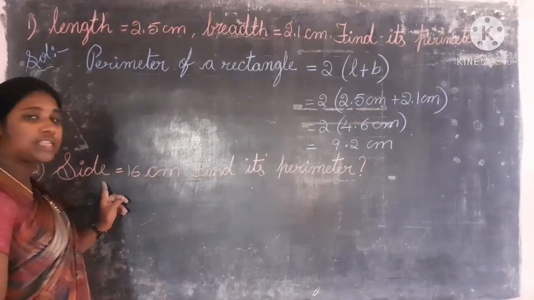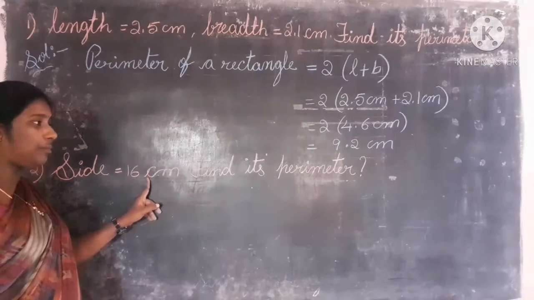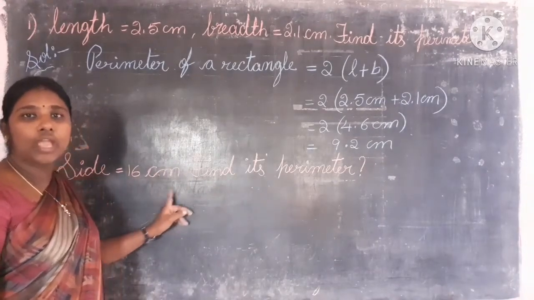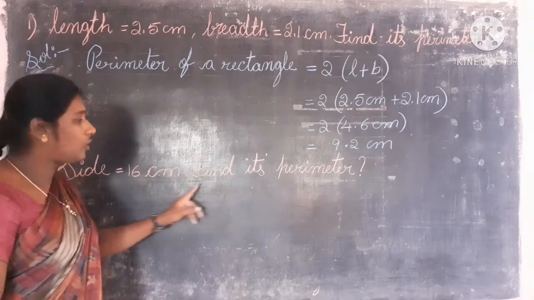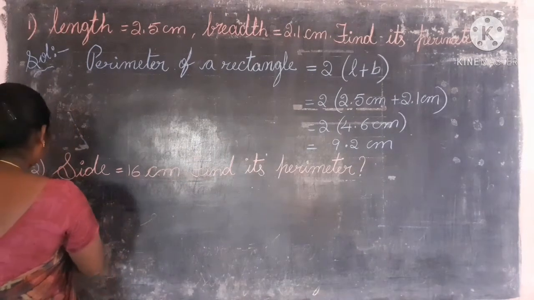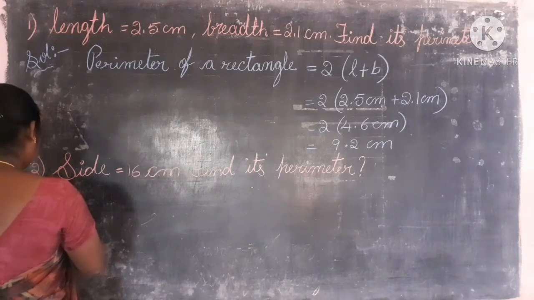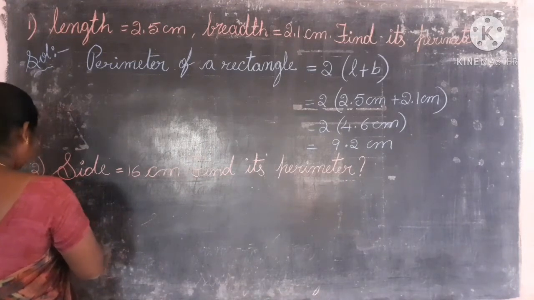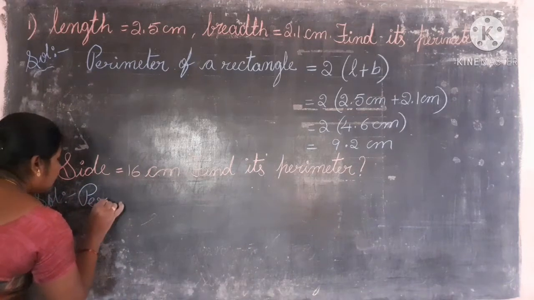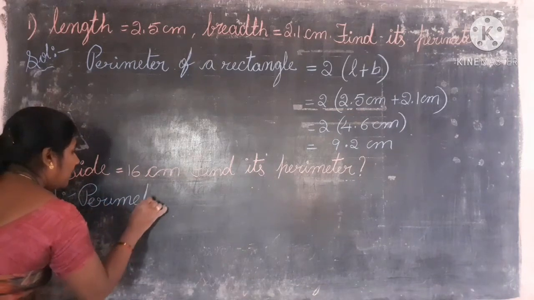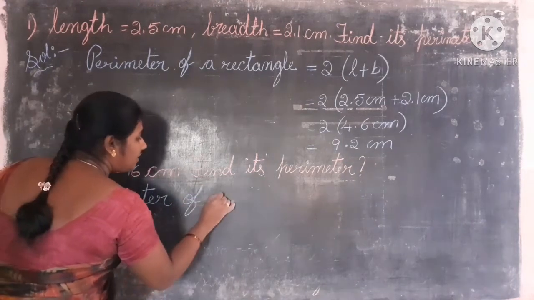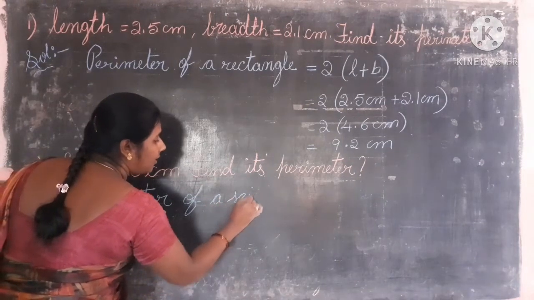Next one, side is equal to 16 centimeter. Find its perimeter. Side given, we have to find the perimeter. So it is the perimeter of a square. What is the perimeter of a square formula?